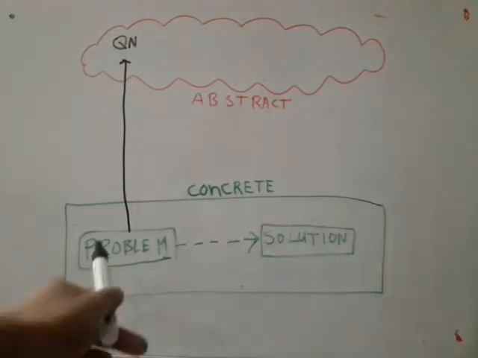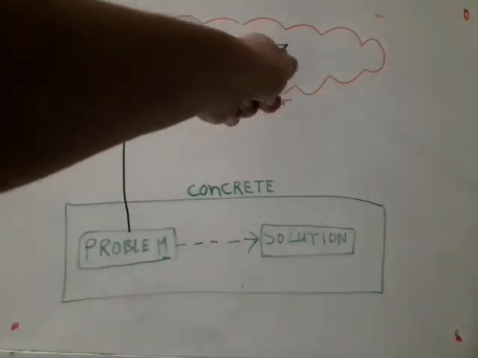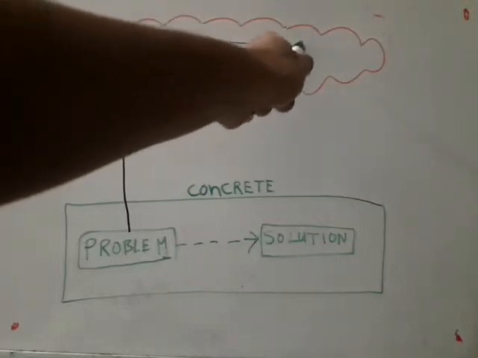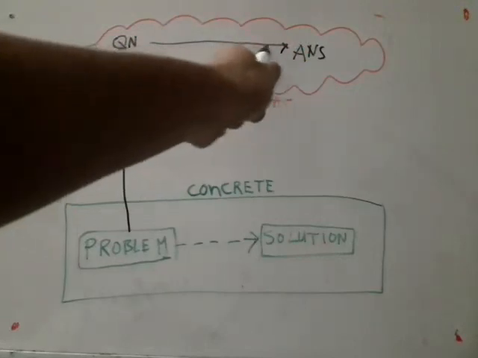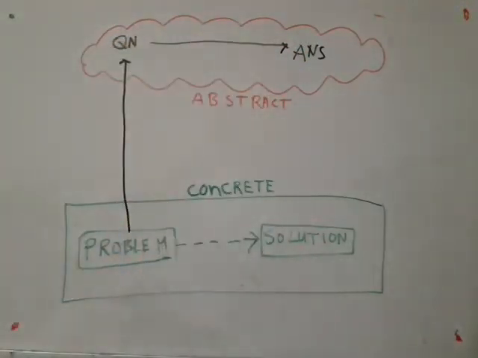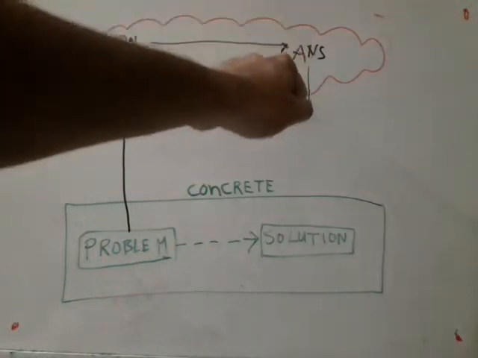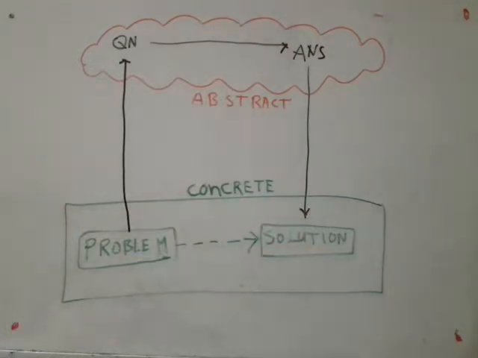Then instead of moving in the concrete world, we will move in the abstract world to an answer. And this often is easier. And then we shall come down, we shall retranslate that answer back in terms of the concrete problem, and that will provide us a solution to our original problem.